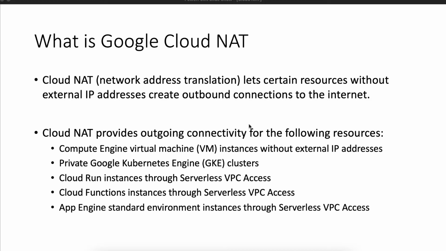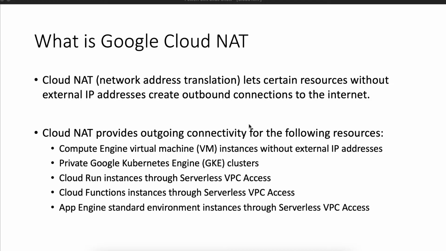At the end of the day, even though they are serverless, they are still infrastructure. So it allows you to access the internet from the workloads that you deploy on your infrastructure components.